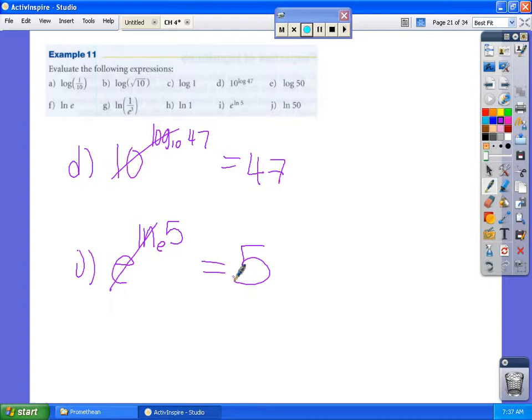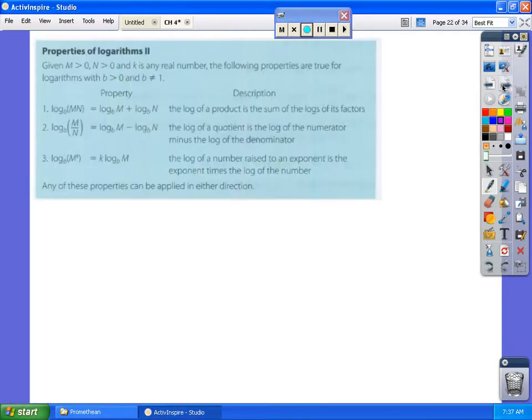The other ones we have done something similar. The ln of 50, I find that very interesting. I don't really know why they have the ln of 50 up there, because we haven't done enough rules to really do anything else to it. Let me see. Your book actually just has you putting that in the calculator. So I was correct in saying it can't really be simplified.